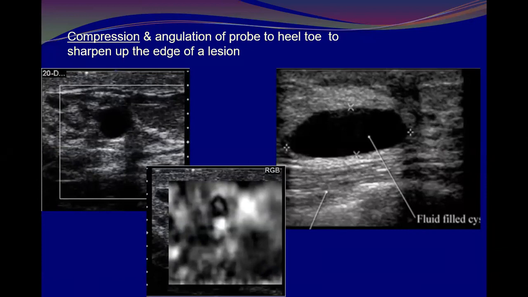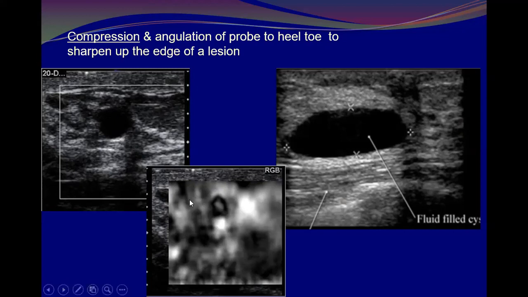But elastography is not always used for a cyst. If it is a very clear, simple cyst, there is no need to use elastography. But for indeterminate cases, if the margins are not very clear, or there are reverberation artifacts within the cyst that make it appear as if it is a complicated cyst, then we can use elastography.